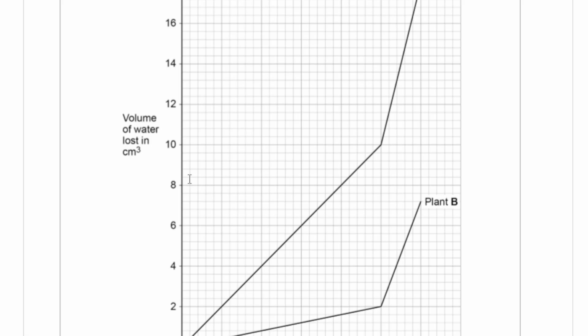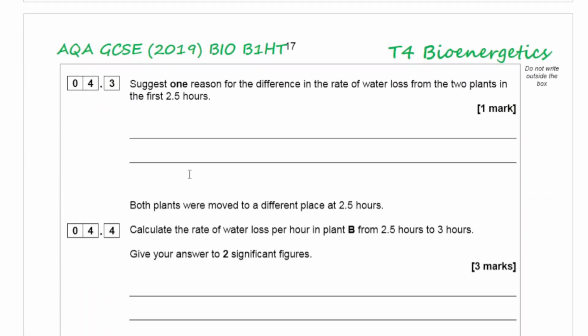The main reason is, if water is being lost from the stomata, that means plant A should have more stomata than plant B. Or a simple way of saying it is plant A has more leaves than plant B.